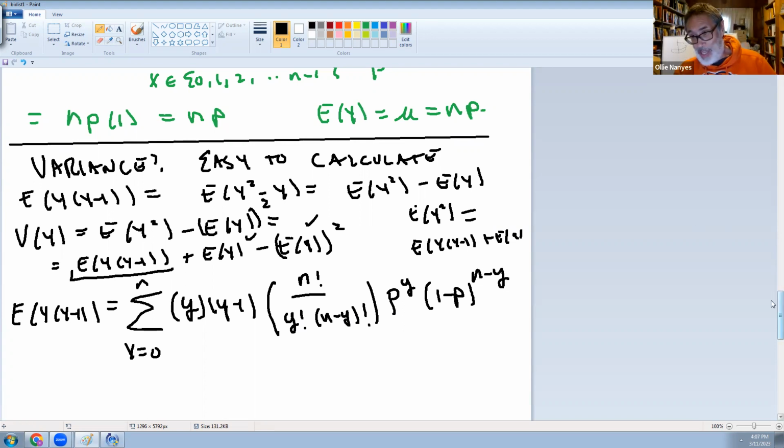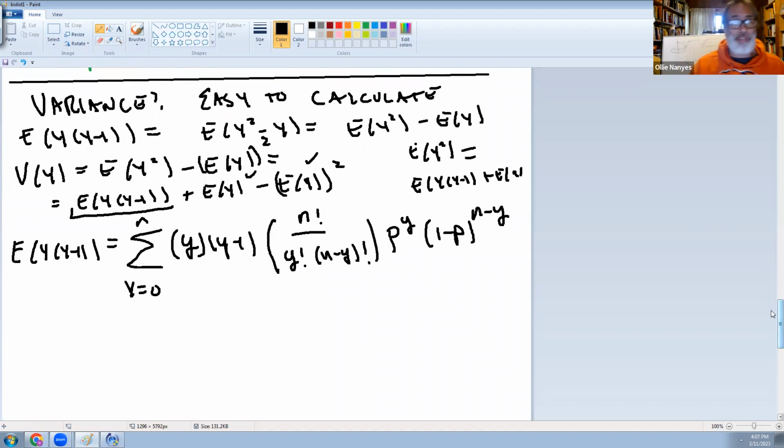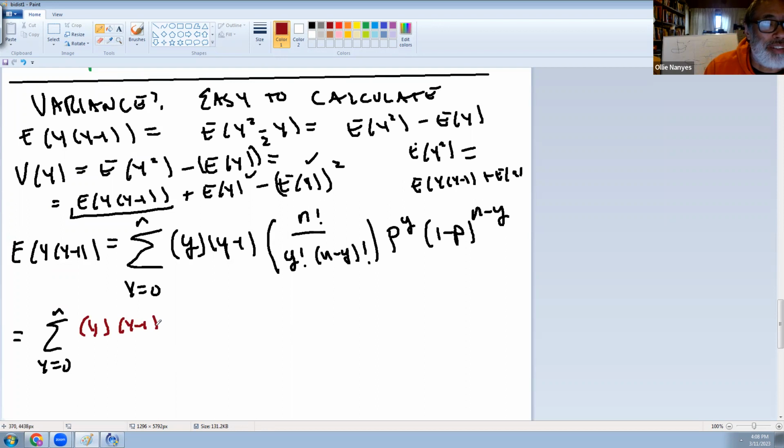Now we do the same adjusting that we did previously. This y times y minus 1 is going to cancel some stuff here. Let's see what. And I'm going to write that in red so you can really see the cancellation here, or maroon or whatever color that is. We have a y minus 1.